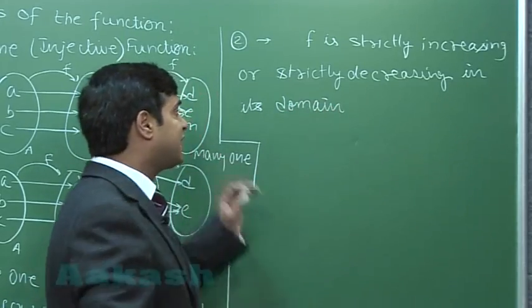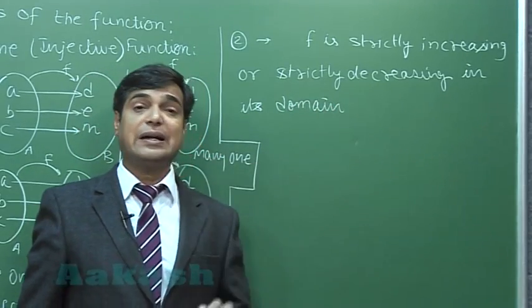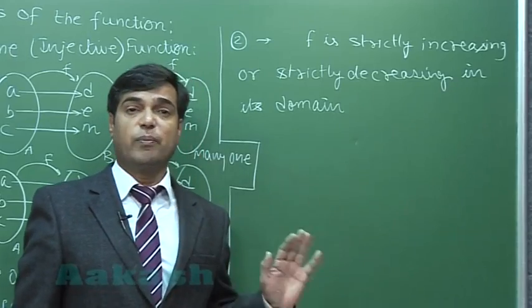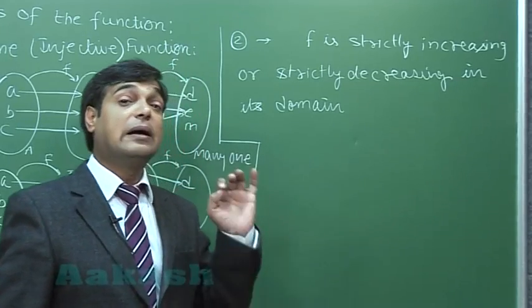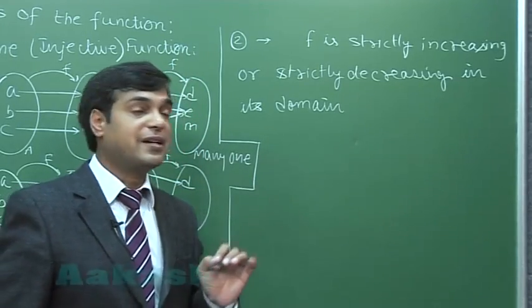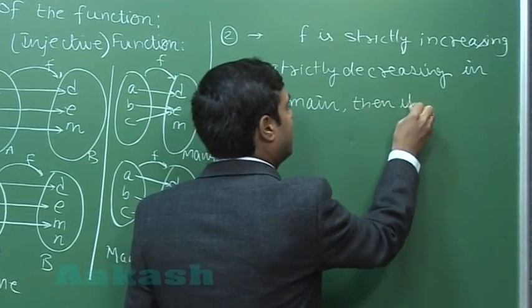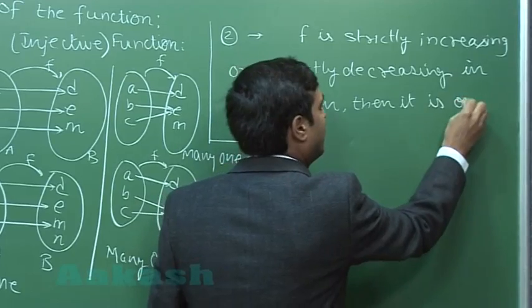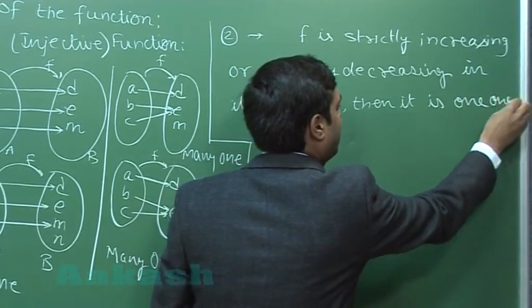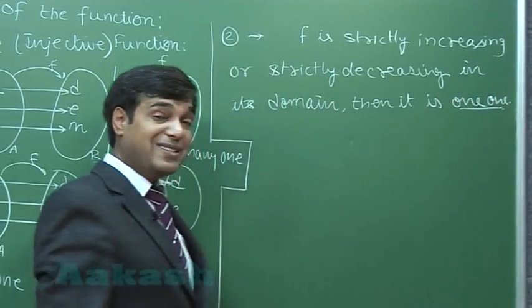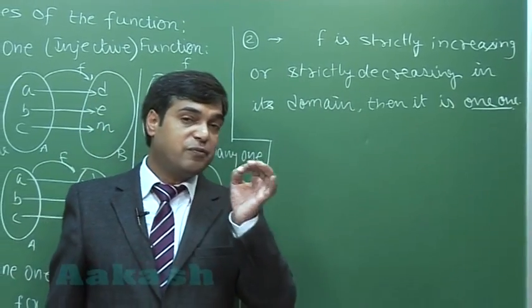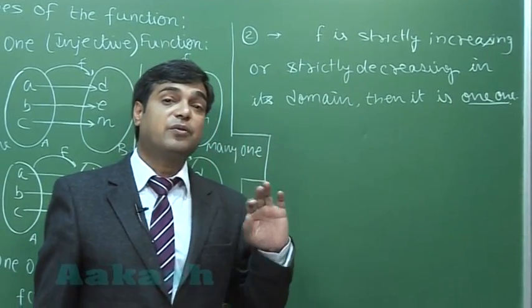If f is strictly increasing or strictly decreasing throughout its domain, then the function is called one-one, otherwise it is many-one. Right? When I say otherwise many-one, there is one exception, we have to take that out.